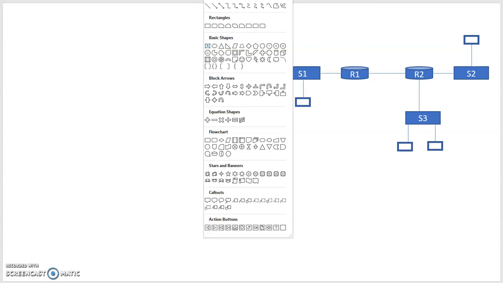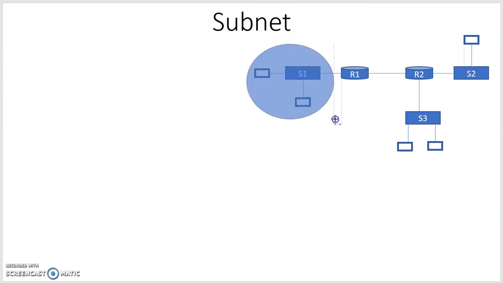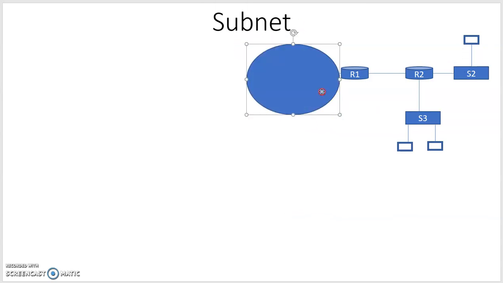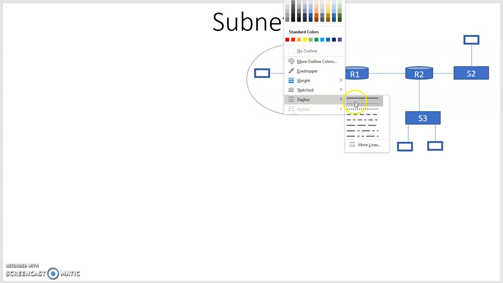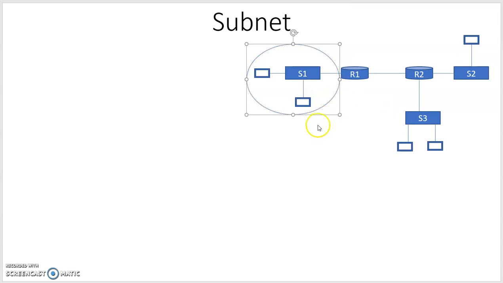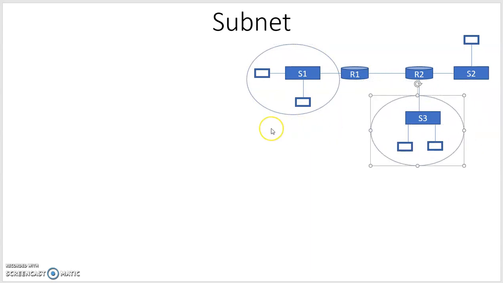So we can say this is one network. Let's not fill anything, and make it something like this. That's one network, and this is another network, and this is the third network.